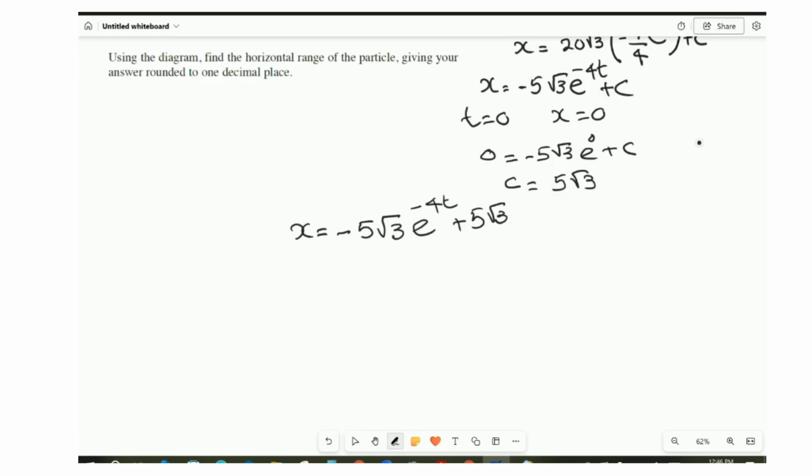So I can simplify, x is equal to 5 square root of 3 times (1 minus e to the power minus 4t). Okay, this is along the x direction.